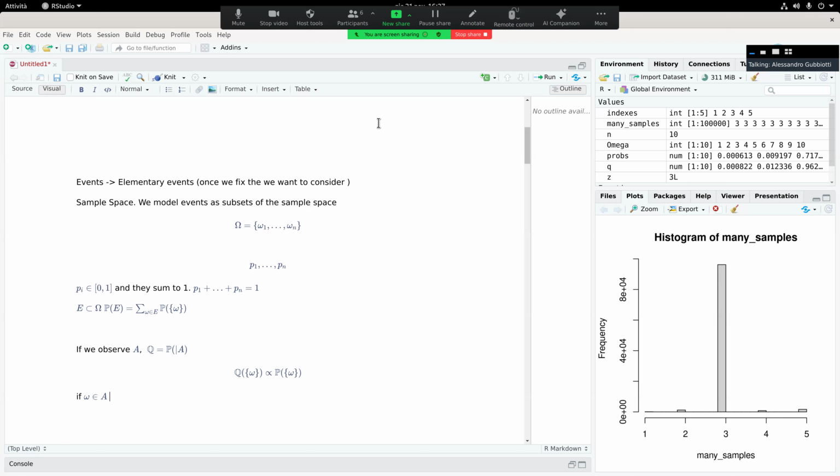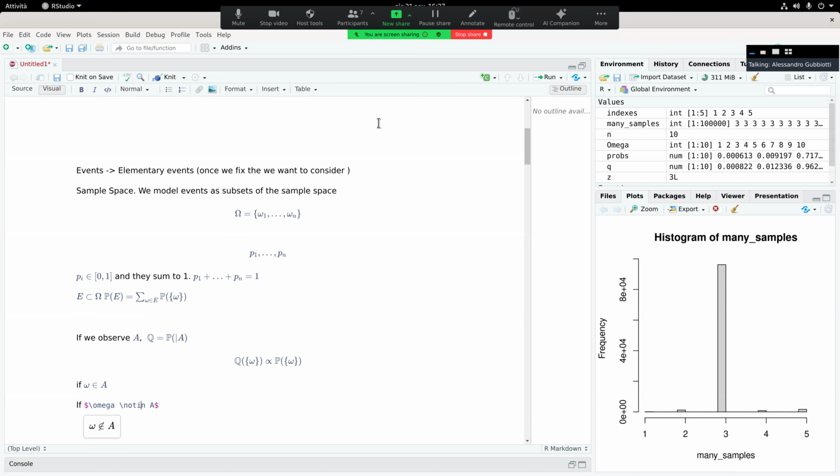But if it's not in A, then we assign probability 0 to it because we know that A happened.